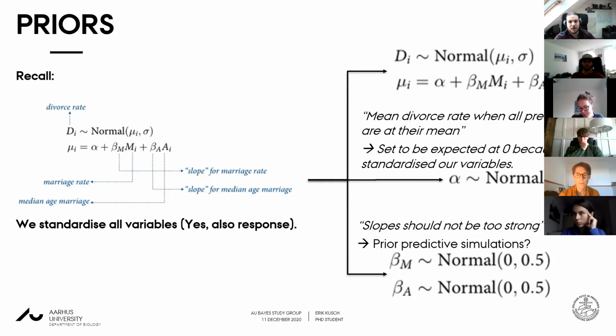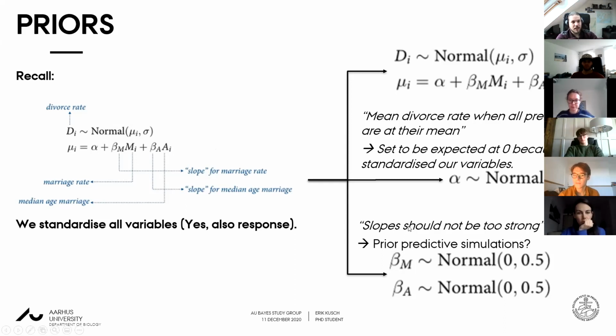Because we can, for example, set the alpha parameter here, which is the intercept of divorce rate, which is now going to be the average divorce rate at the average marriage rate and the average age at marriage. And that just makes setting our prior to 0 so much easier, because this 0, now because it's standardized, means this is the mean value of the divorce rate. And thus setting this prior is so much more intuitive. Same here.